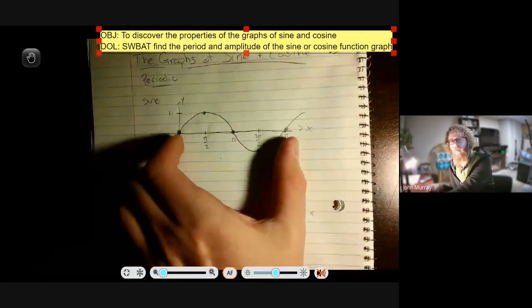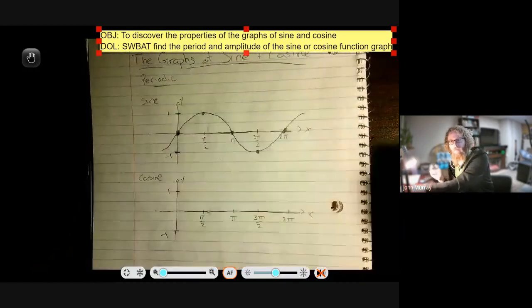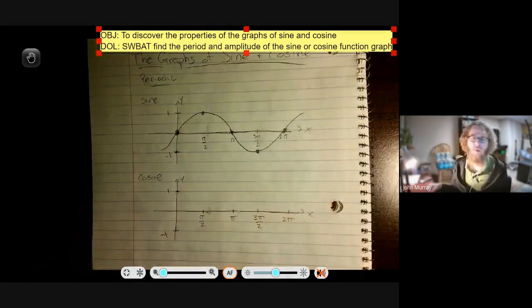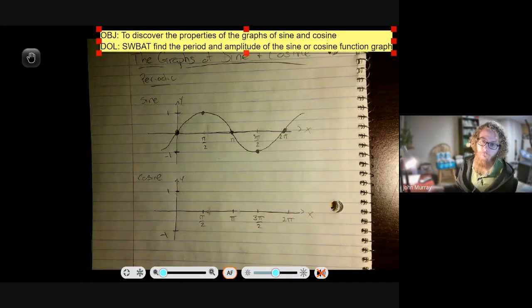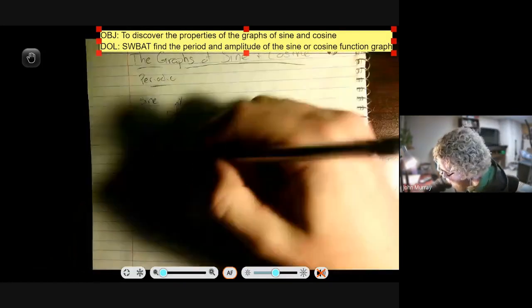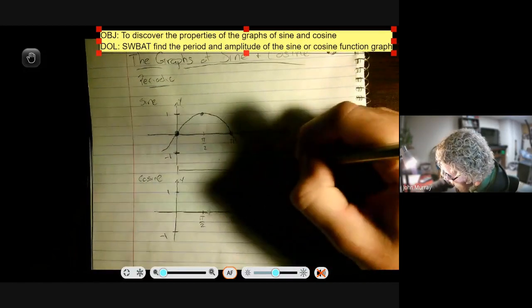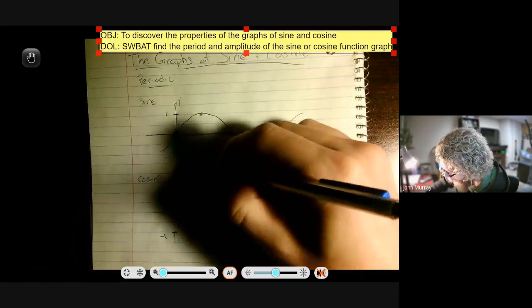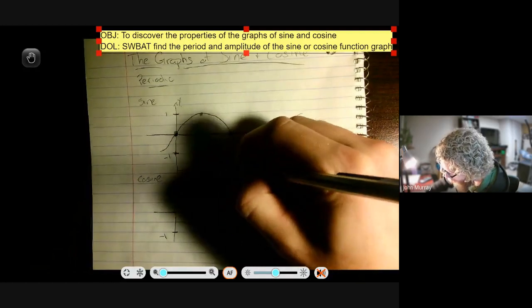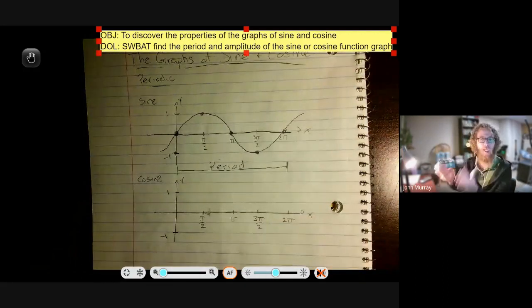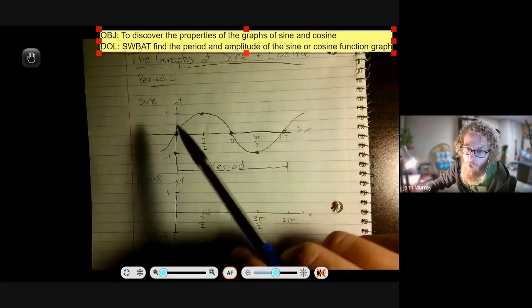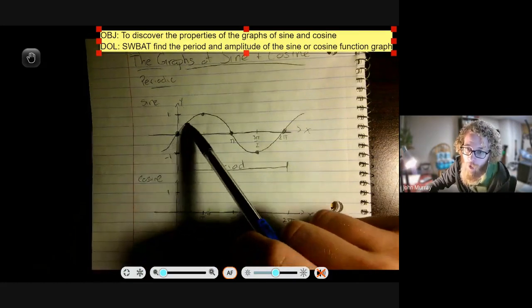Pretty much what we can do is copy and paste this forever, in both directions. But for now, for this one, from 0 to 2 pi, we're going to call that the period, because that's one full rotation. Now, I may have mentioned this before: be careful.